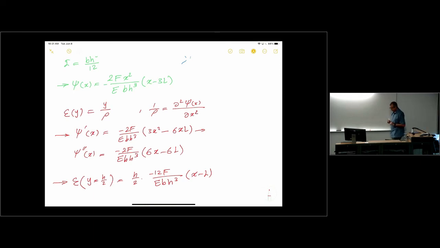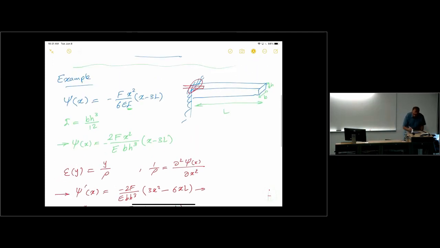Now, it's a simple equation here. You can easily see where I will have the largest strain. If you look at x, x is measured from here, right? The origin is on the anchor of the cantilever.